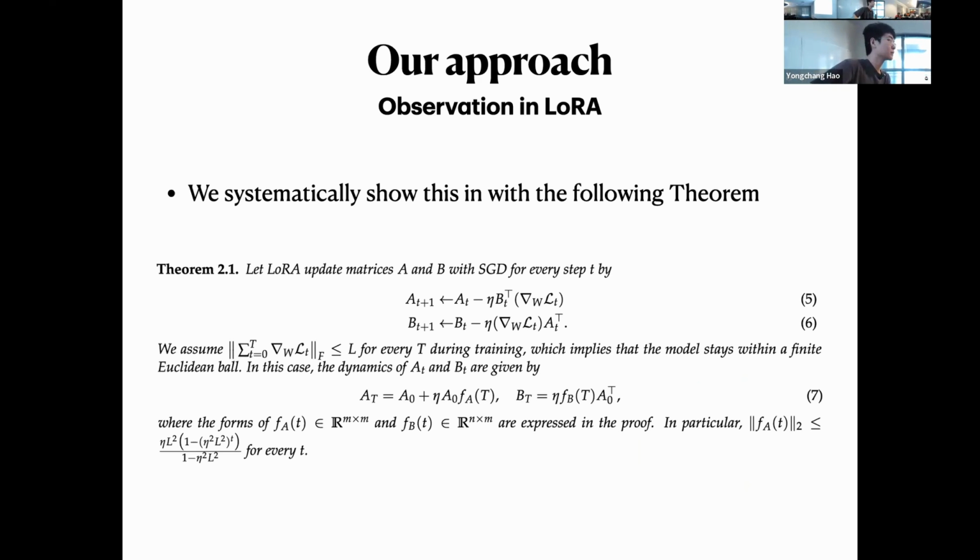You can basically calculate what FAT and FBT are, and use that to get the norm. As long as A0 is invertible, then it exists. Yeah, that's also correct. Okay, any other question?